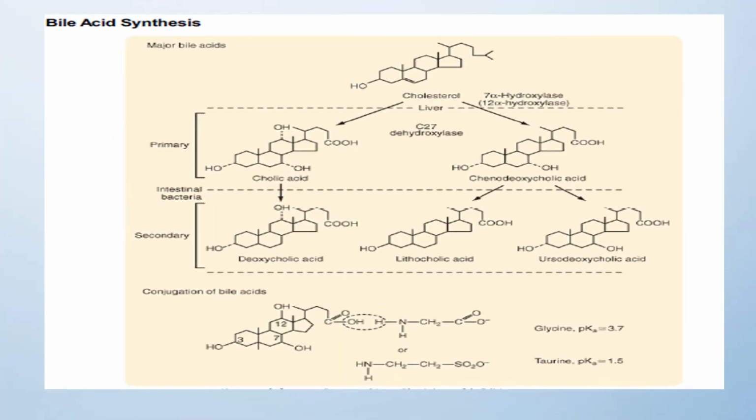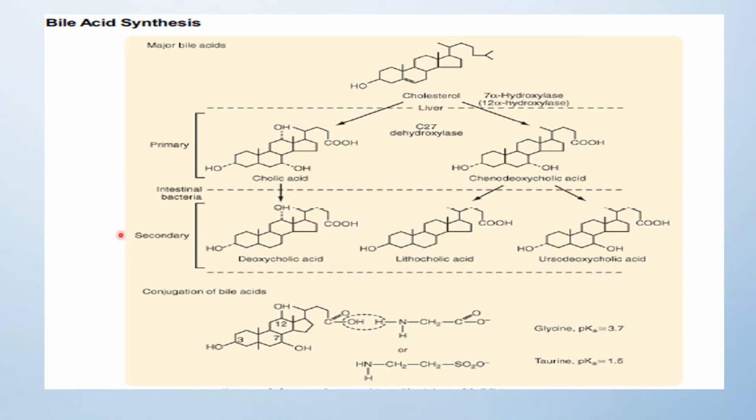Now let's talk about bile synthesis. So bile acids are the end product of cholesterol metabolism. So cholesterol, once taken up by the hepatocyte, will be selectively metabolized by a series of enzymes that result in the formation of the bile acids. It can be either primary or secondary.